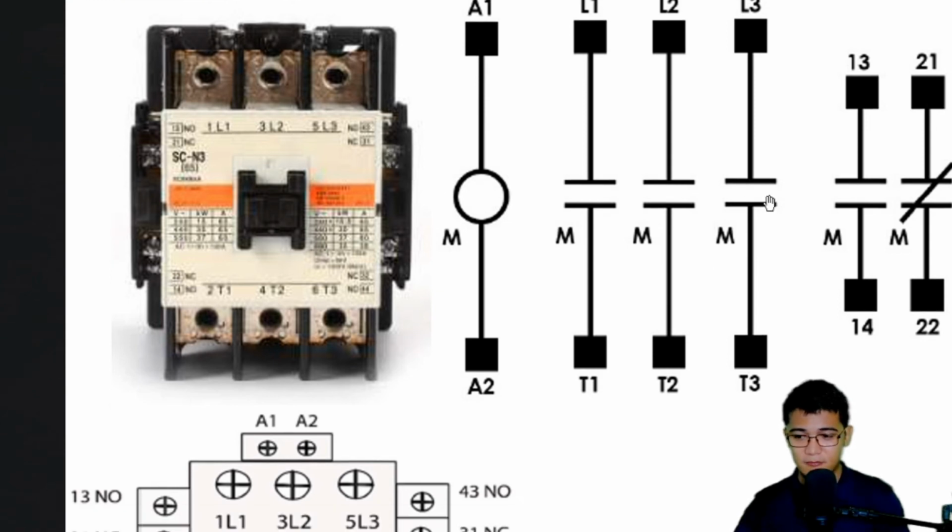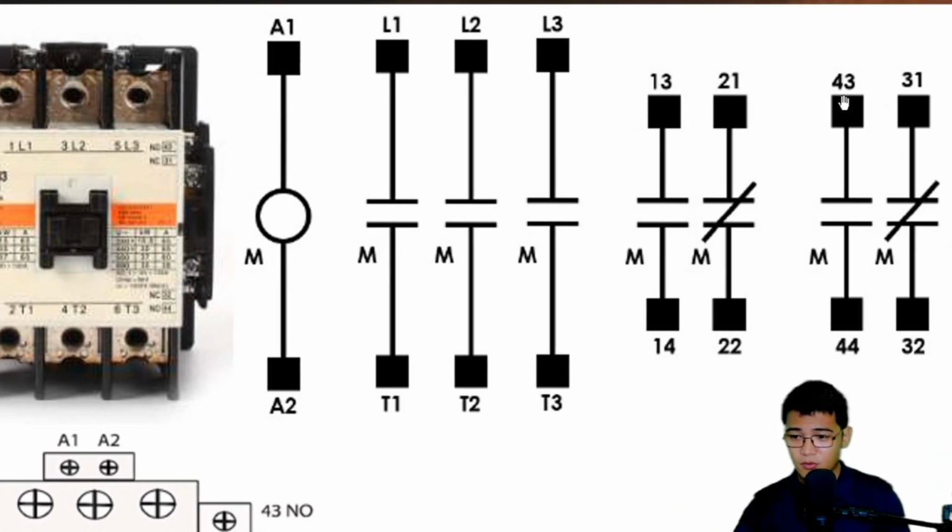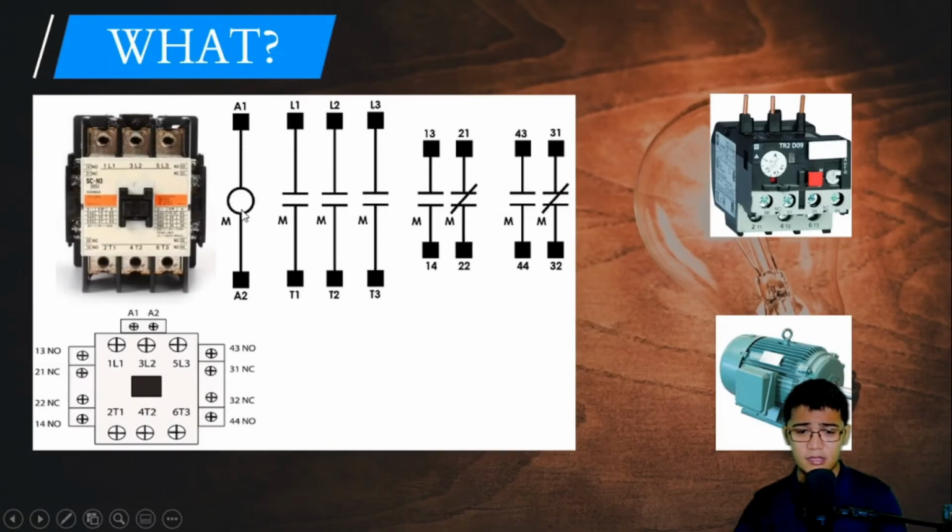Sa kabila naman, we have 43 and 44. And then, ito namang sa ilalim, this is 31 and 32. These are normally closed na auxiliary contacts. Again, the coil contacts, the main contacts, and the auxiliary contacts. Okay? So dito natin ilalagay yung ating mga wires, at i-screw natin to these contactors.